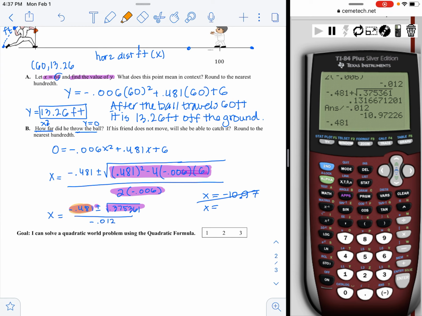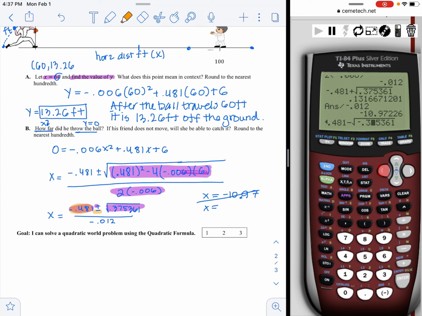Okay, do the next one. I'm going to do this, negative 0.481 minus square root of 0.375. Oops, I forgot my point. Insert point. Could have just retyped it. Okay, 0.375361.